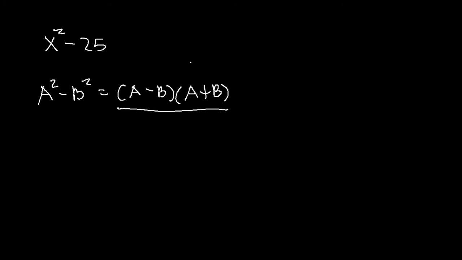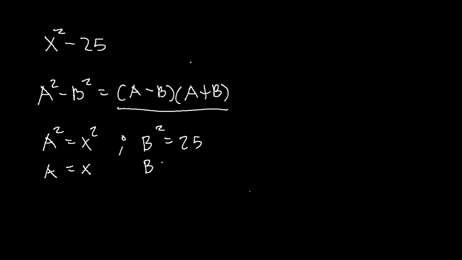Now by inspection, we should be able to know that x squared minus 25 is a difference of perfect squares. So we set a squared equal to x squared and b squared equal to 25. The square root of a squared is simply a, and the square root of x squared is x.